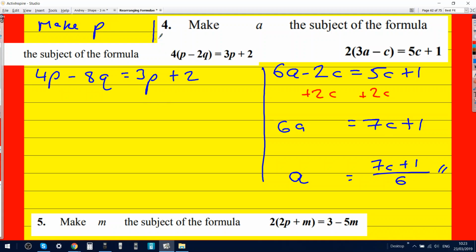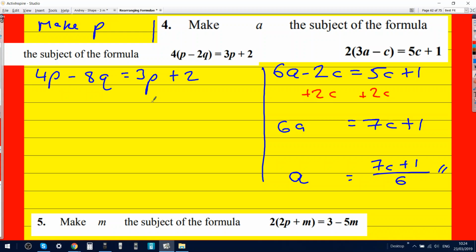What was it, make p the subject? Yeah. Okay, so there's 2 p's. Would you add the p's together? So 4p plus 3p. It's 3p on the right side though. So would you add them together or take them away?